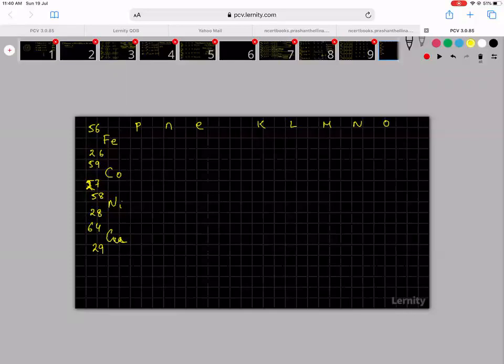So for iron, the number of protons is 26, neutrons 30, electrons 26. K shell 2, L shell 8, M shell 8. So 10, 18, and now this will become 8. Okay, so M shell is 8. Then cobalt is 27 protons, 32 neutrons, and 27 electrons.